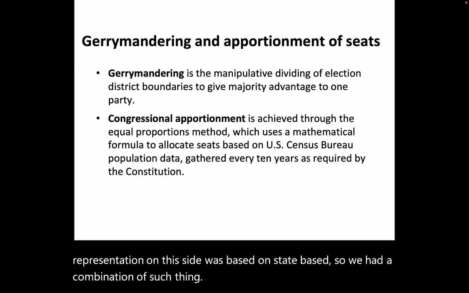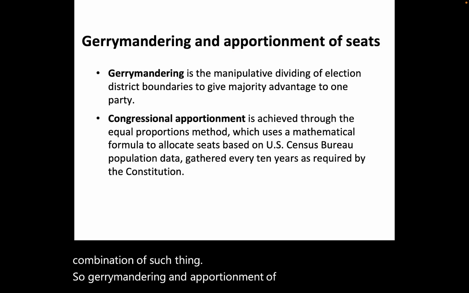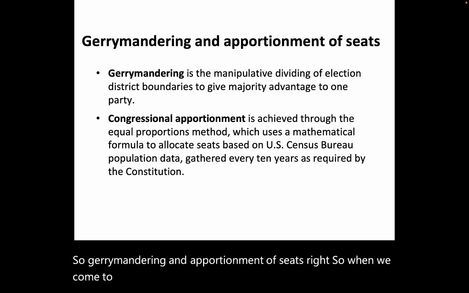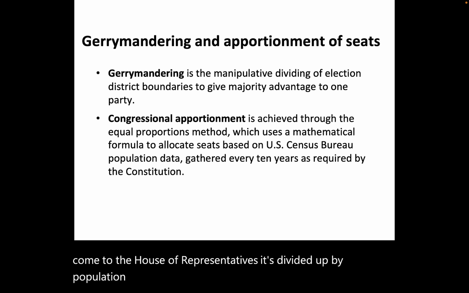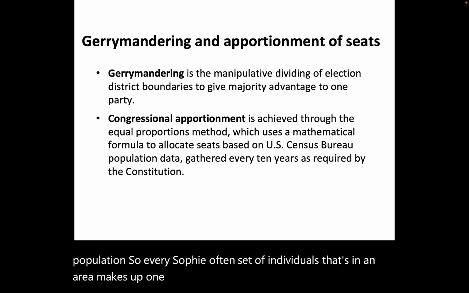So, gerrymandering and apportionment of seats, right? The House of Representatives is divided up by population. A certain number of individuals in an area makes up one representative. Of course, there has been some gerrymandering going on in the United States, right?